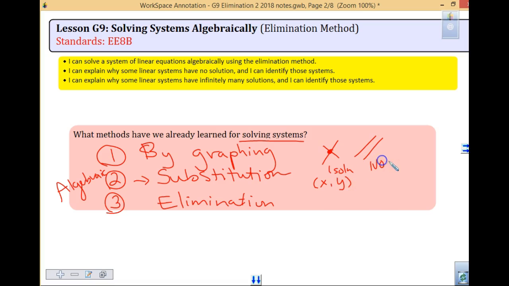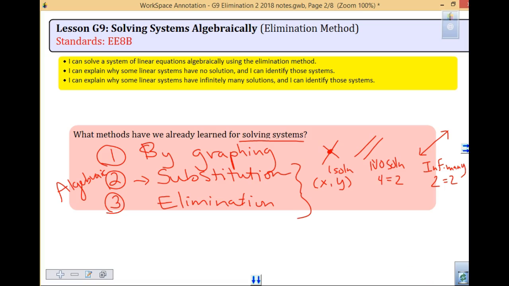You can have no solution, when you had something like 4 equal 2, which in graphs is parallel lines. And you can have infinitely many in both cases, when you solved it and got 2 equal 2. That can work for both substitution and elimination. So we always have those 3 types of solutions.